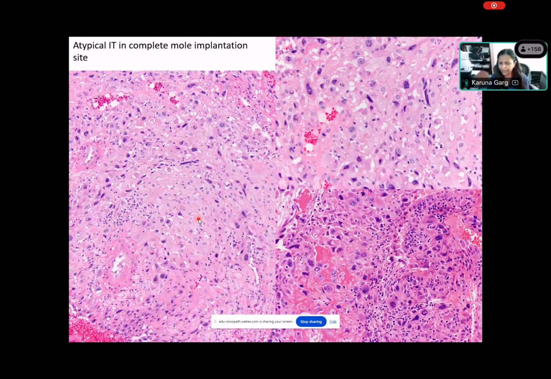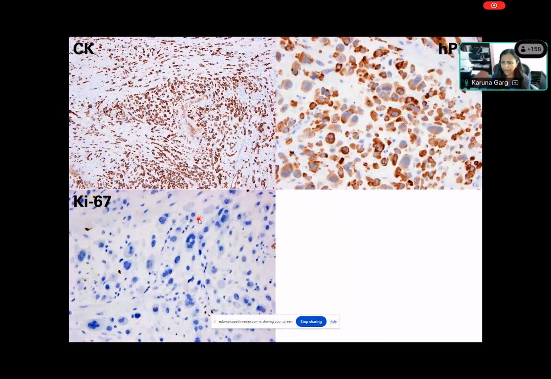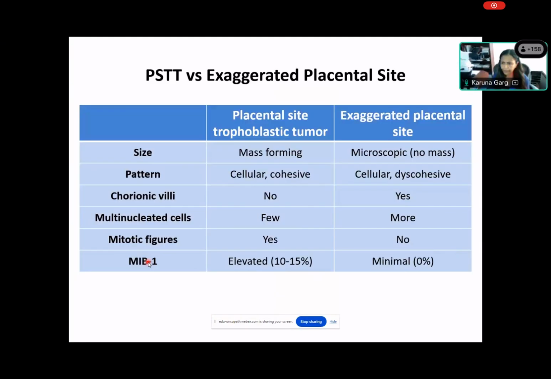Again, because you see villi, you can back off. But if you didn't, you would be really worried that this is actually some sort of gestational trophoblastic neoplasm. And again, these will be positive for cytokeratin, they'll be positive for HPL, but if you do a Ki67, it's basically 0. Like there should be almost no staining in any of these cells for a MIB1. So that can be very helpful in the differential.